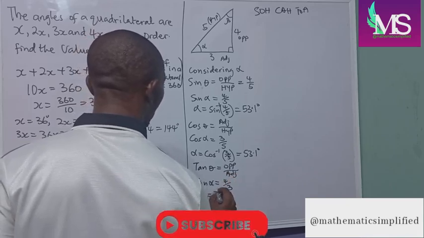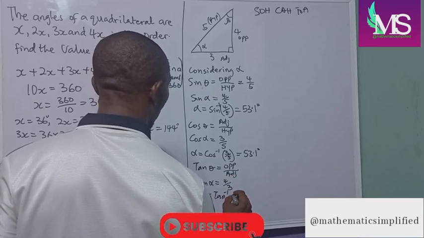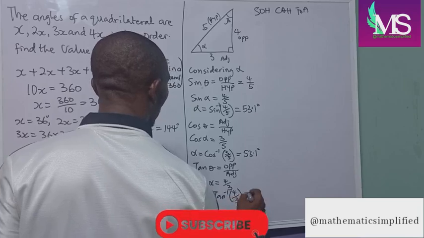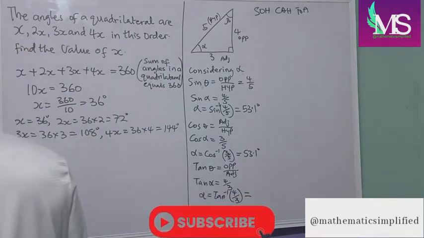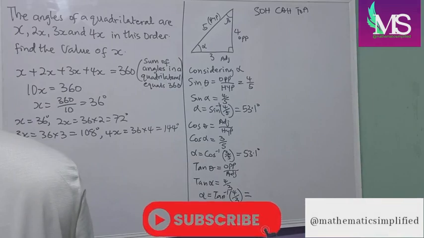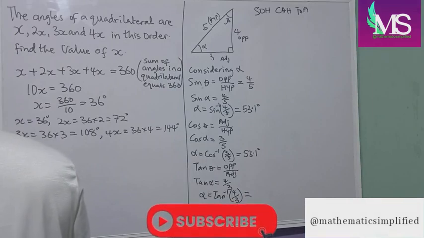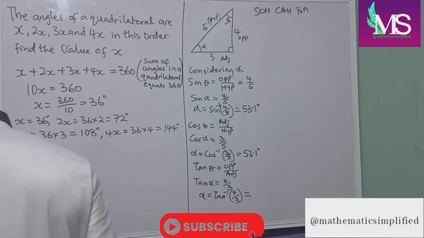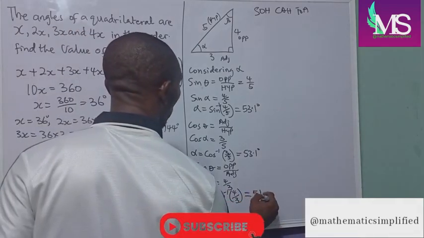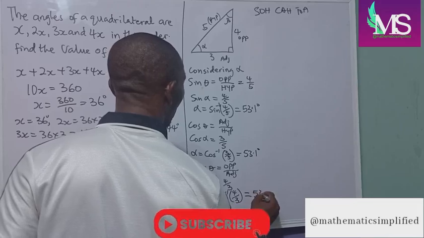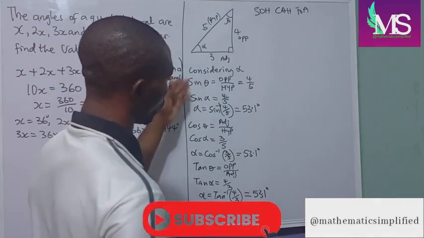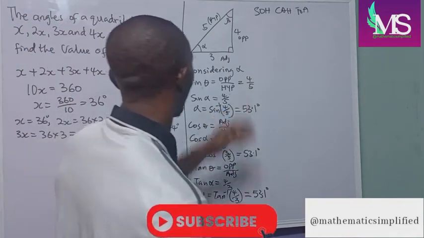So alpha equals tan inverse of 4 over 3, which will give us 53.1 degrees. So you can see, whichever one you use, you're still getting the same answer.